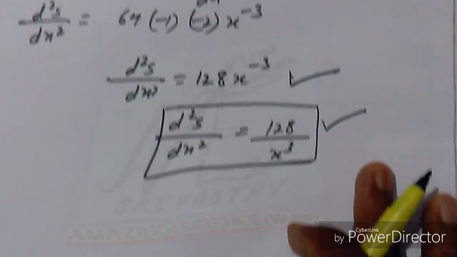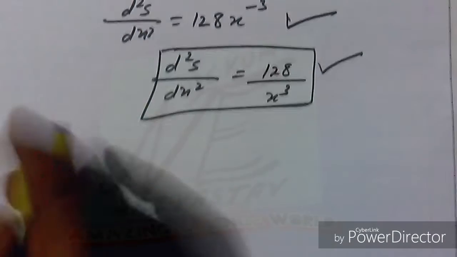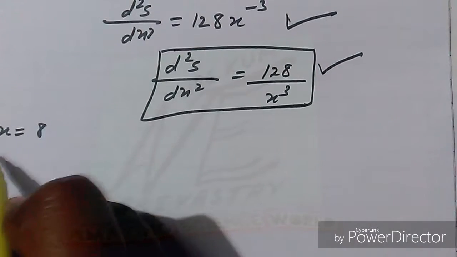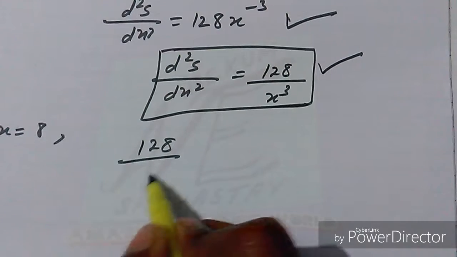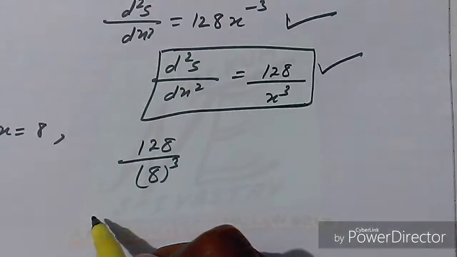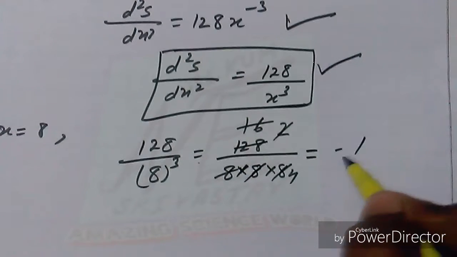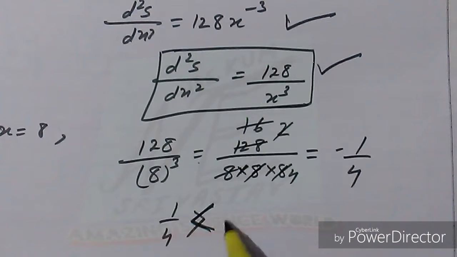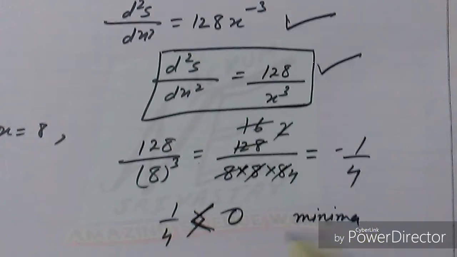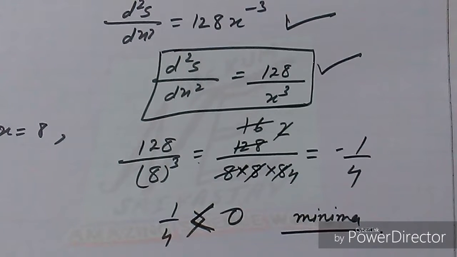First the value of x is 8, then 128 by the cube of 8 is 1 by 4, and 1 by 4 is greater than 0, so it is a minima point.